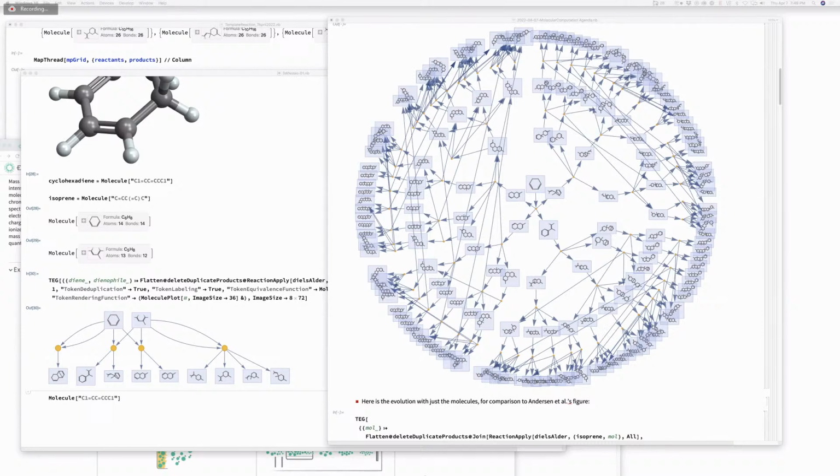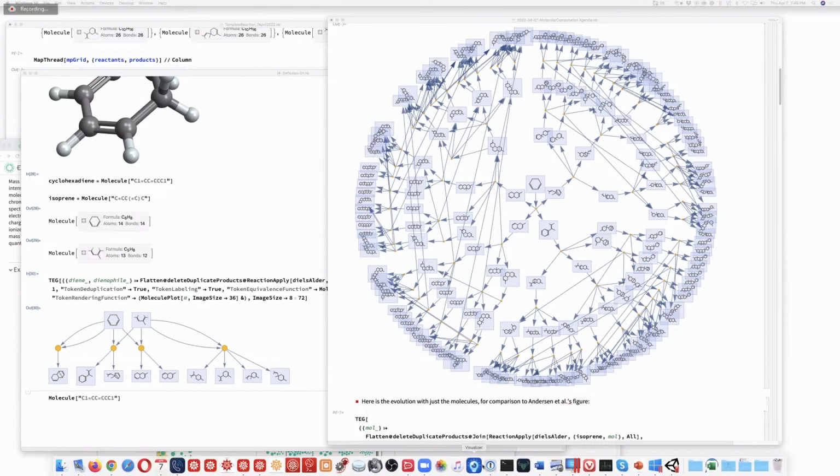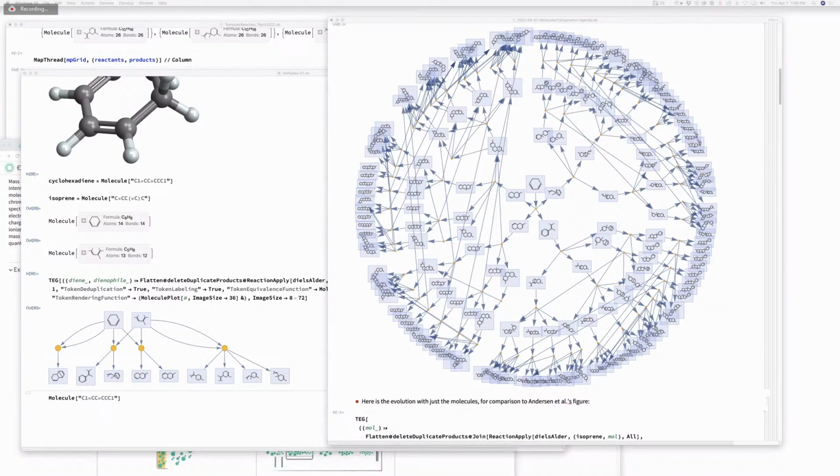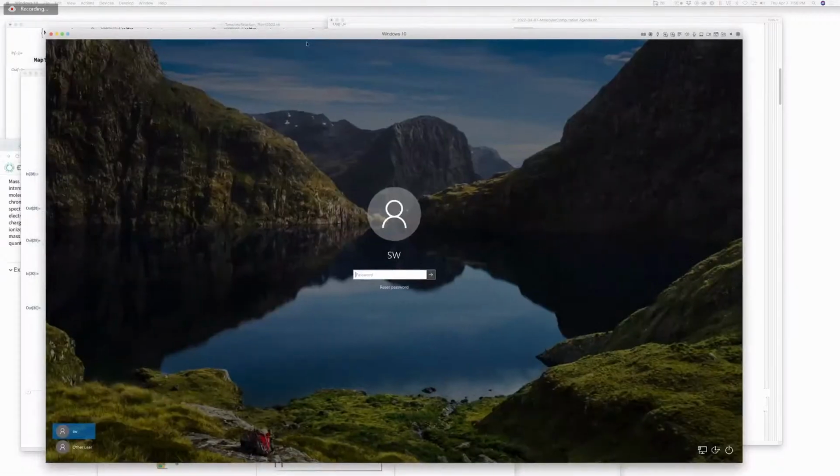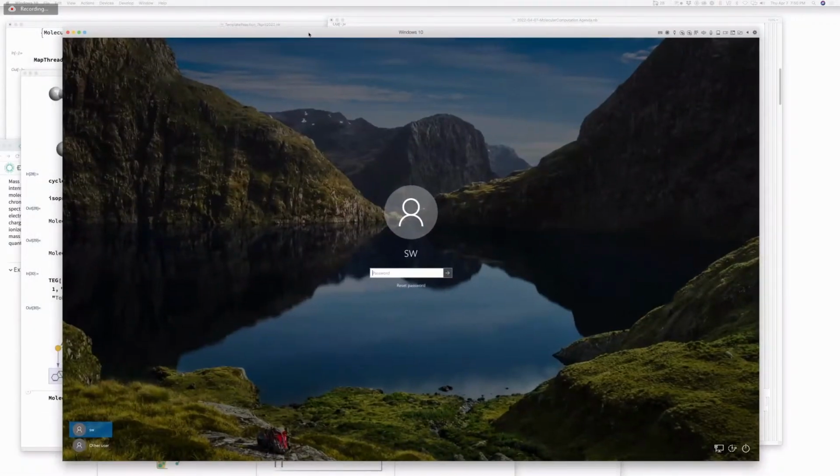I wonder whether it's in my password manager. Don't screen share that. I'm not screen sharing that. Nope, not there. By the way, can you see that screen, the lake or whatever it is?